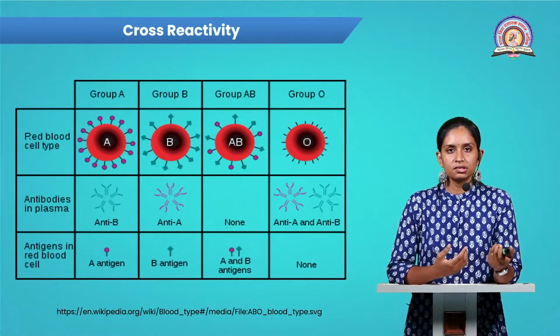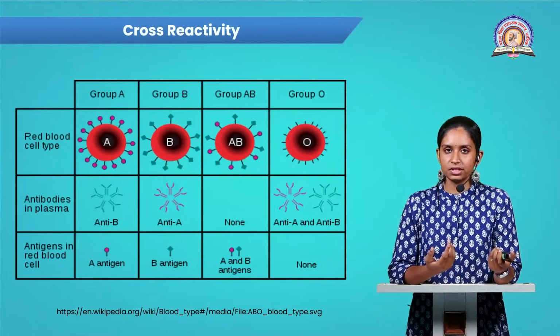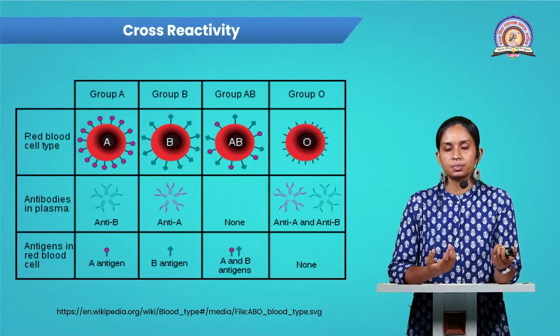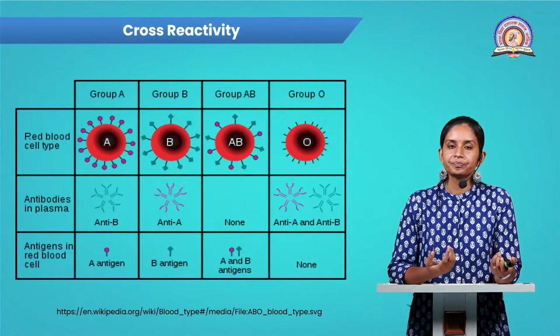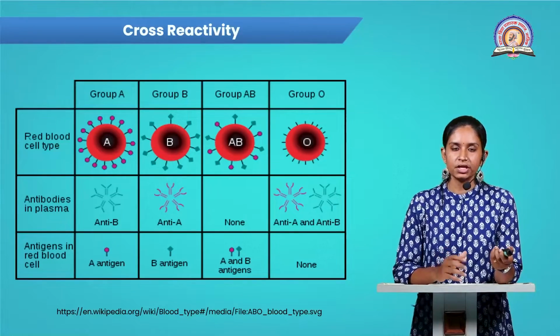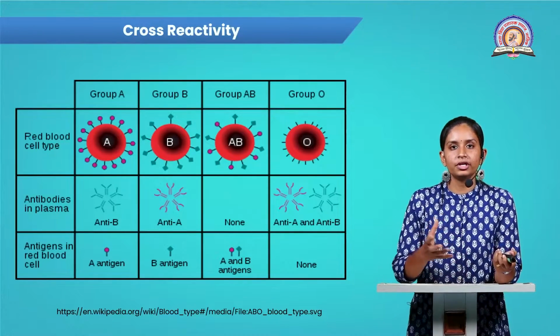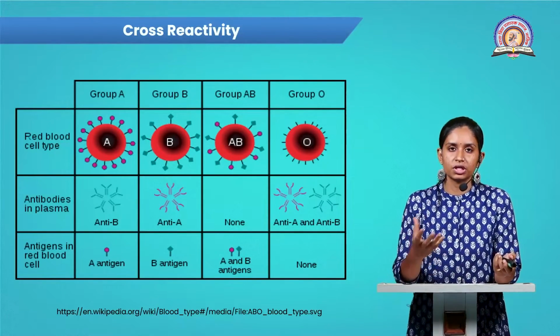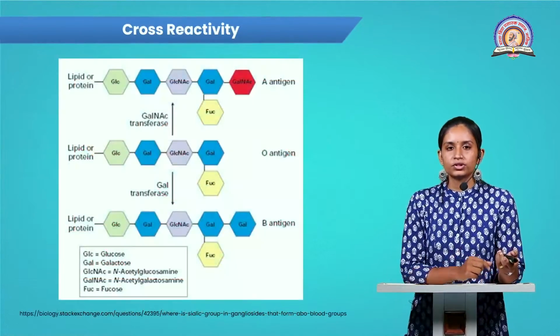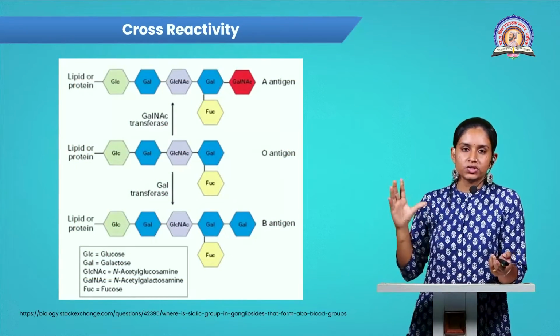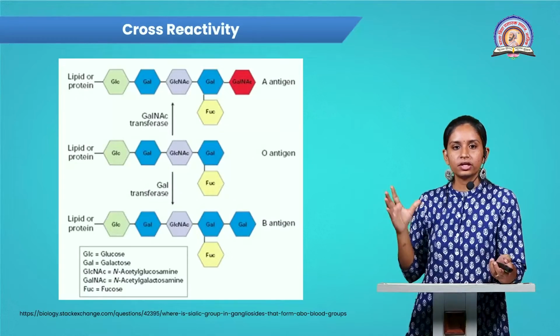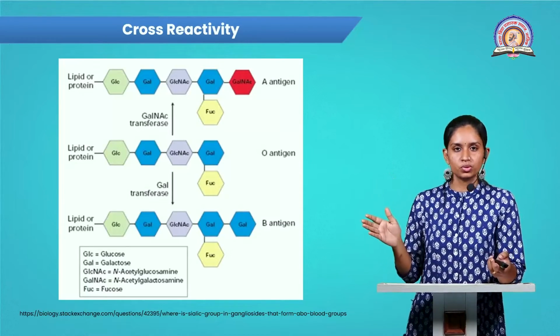If you consider the structures of these antigens, basically these blood group antigens are polysaccharides composed of different monosaccharide units joined to each other. In this figure, you can see the O antigen, which carries terminal galactose and fucose residues.